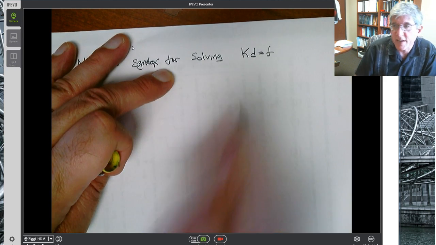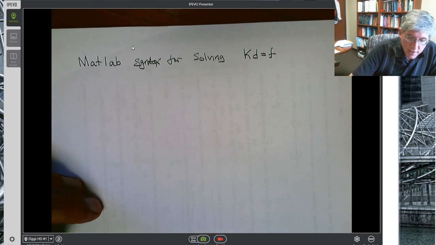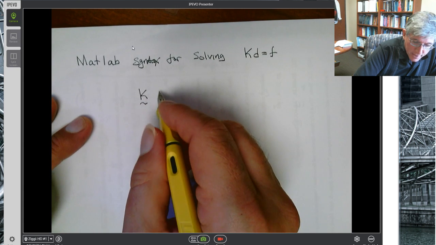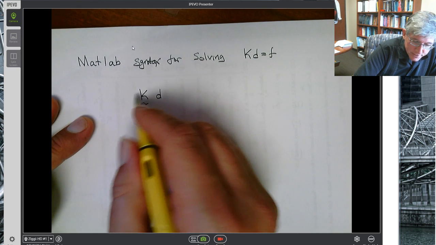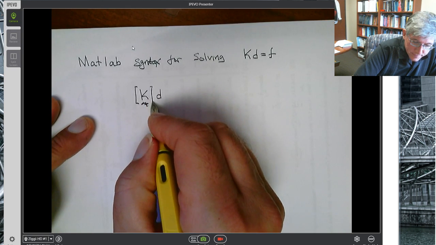So it's KD equals F, but really this is the syntax for any sort of linear algebra solve. If you think about it, what would we do normally? You've got a matrix multiplied by a, well, let me write it like this, right?